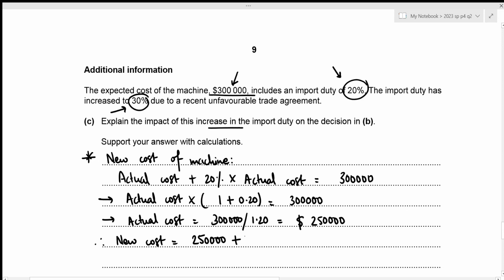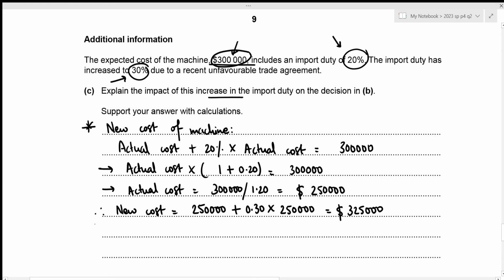So that is just 30% of the actual cost. And this results in the new cost of 250,000 plus 0.30 times 250,000, which results in 325,000. And previously our cost was 300,000, but now due to this unfavorable trade agreement, our cost has increased to 325,000, which means that our cost has increased by 25,000.